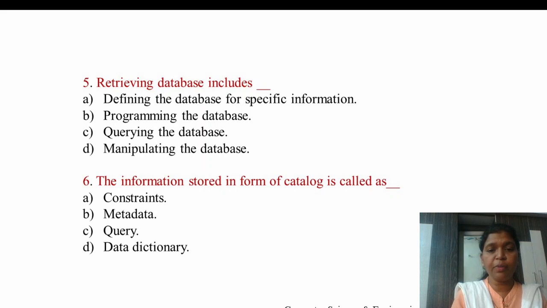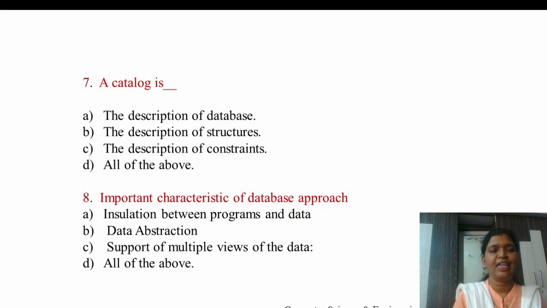Sixth one: the information stored in the form of a catalog. So many times we have used this definition, right? So which term is related to catalog? Constraint, metadata, query, data dictionary. Quick. Okay. Seventh: a catalog is a description of database, description of structure, description of constraints. Which is it? Or all the above?